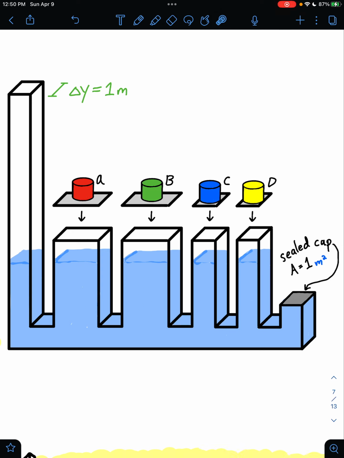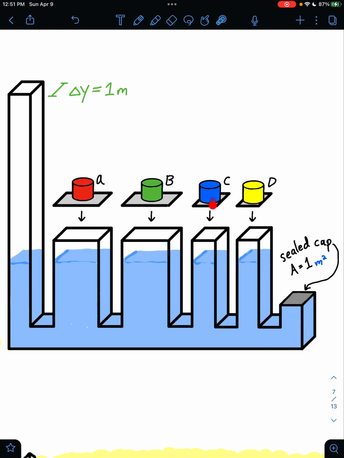Let's say this is our set of pipes here, and they are each rectangular or square columns with the width going into the page, a delta y, let's say, of 1 meter. So this is then 1 square meter cap here, and then a 1 by 2, so 2 square meter cap there.